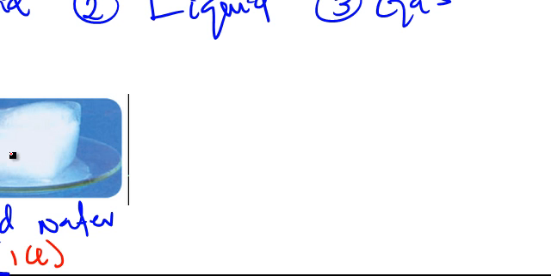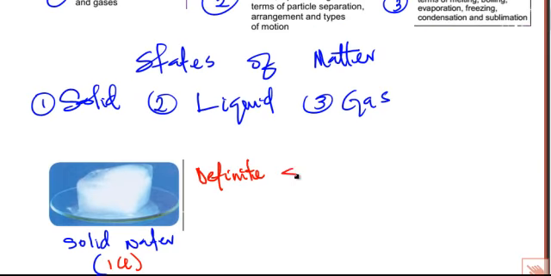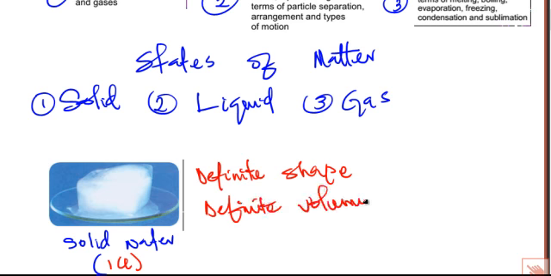So ice, you can see that ice has its own shape. So it is a solid. One of the properties of solids is that they have definite shape and volume. So I will say definite shape, definite volume.